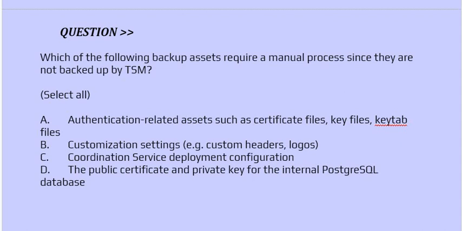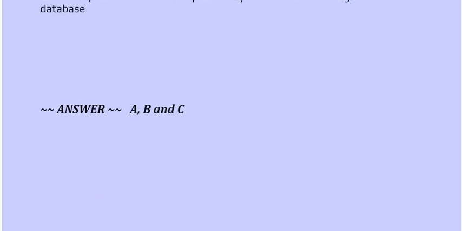Example, custom headers, logos. Option C. Coordination service deployment configuration. Option D. The public certificate and private key for the internal PostgreSQL database. Correct answer is option A, B and option C.